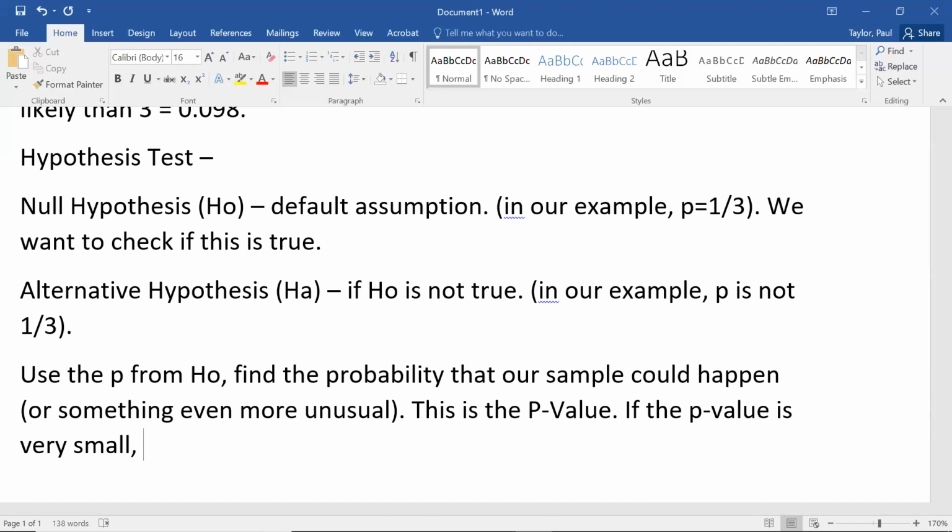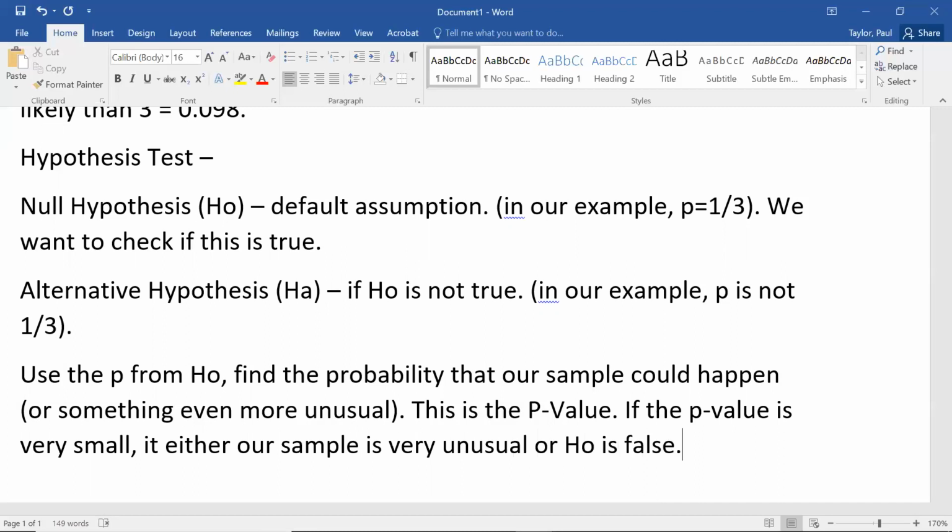So if our p-value is very small, it means one of two things. Either our sample is very unusual, and we got, however you think of it, very lucky or very unlucky that that sample happened, or the null hypothesis is false.